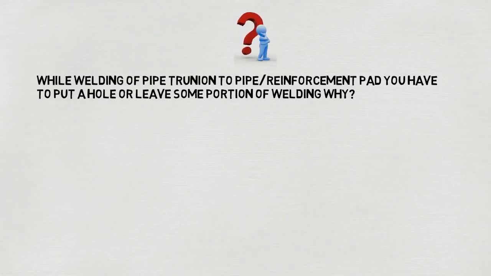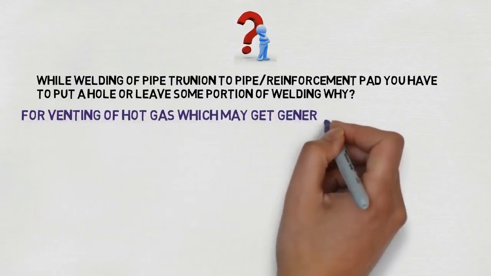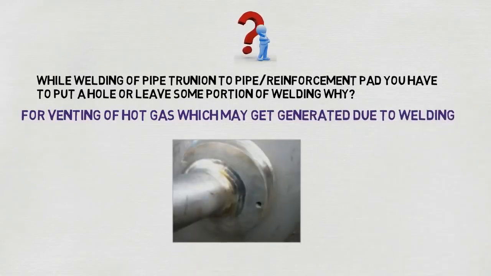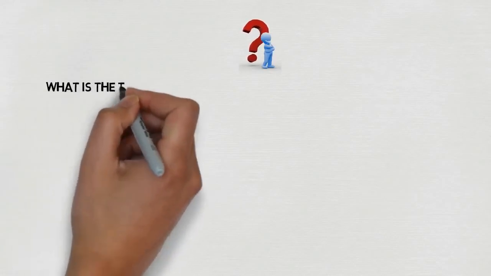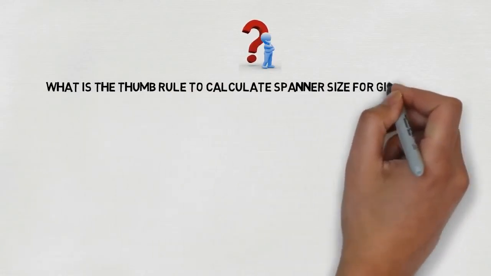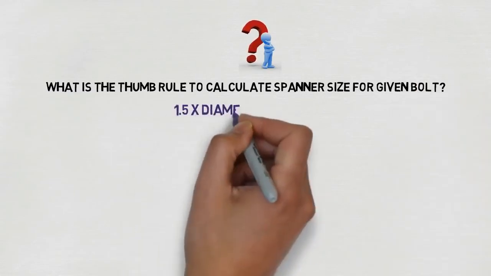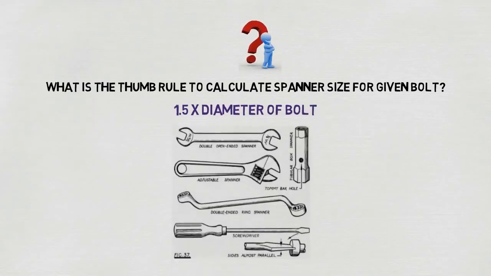Why? For venting of hot gas which may get generated due to welding. That's why we put a hole or leave some portion of welding. What is the thumb rule to calculate spanner size for a given bolt? 1.5 times the diameter of the bolt.